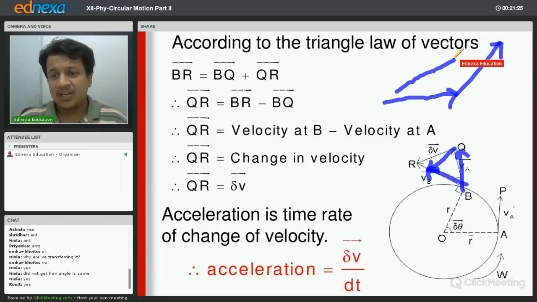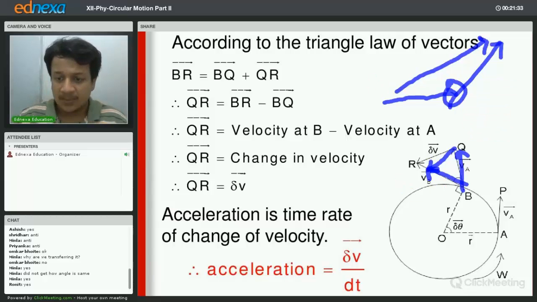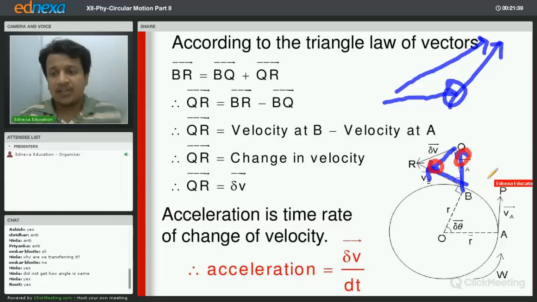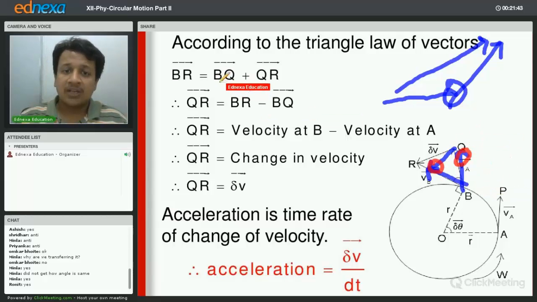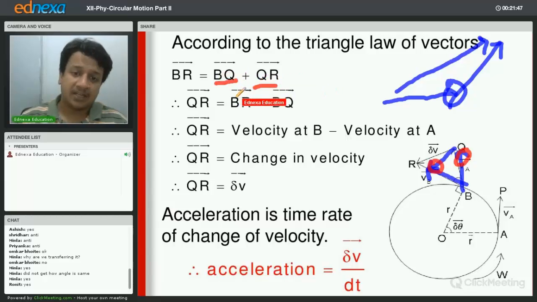Which vector is the second vector? The vector which comes after the arrow, that will be the second vector, one after another. So over here, this is the first and this is the second. First vector is vector BQ and second vector is vector BR.